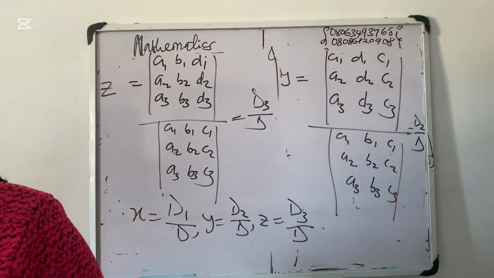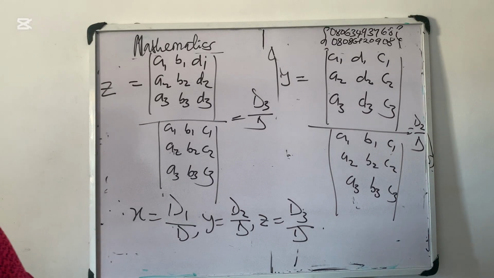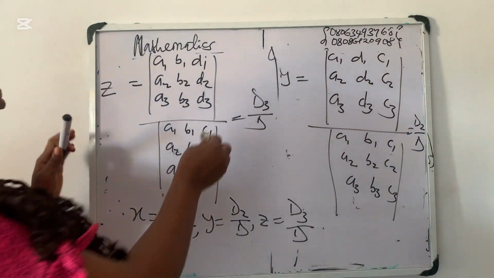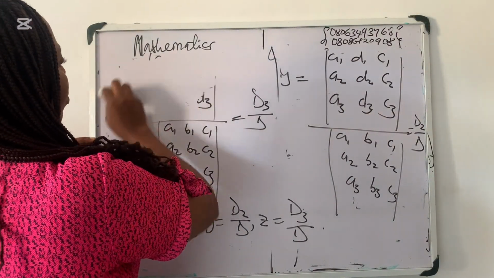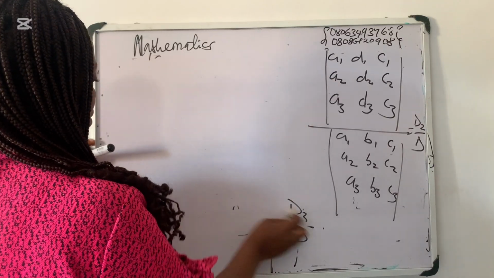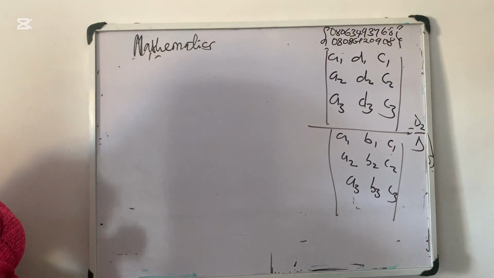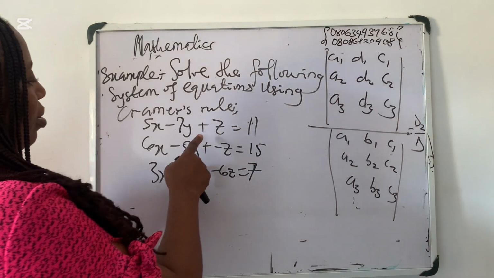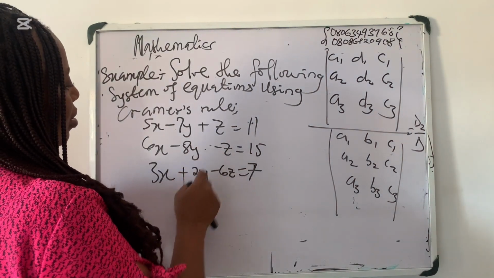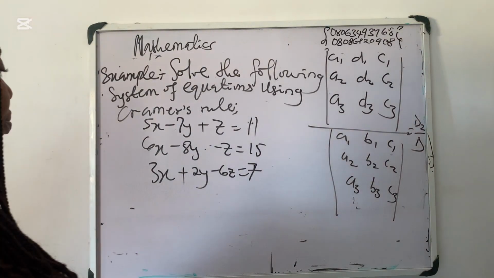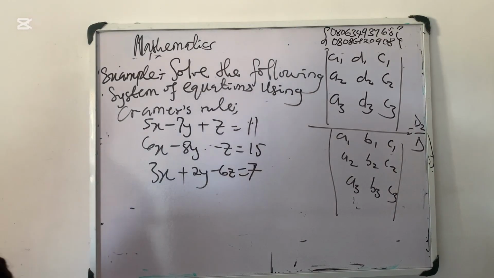We're going to equally solve with figures for a clearer understanding. Solve the equations 5x minus 7y plus z equals 11, 6x minus 8y minus z equals 15, and 3x plus 2y minus 6z equals 7.